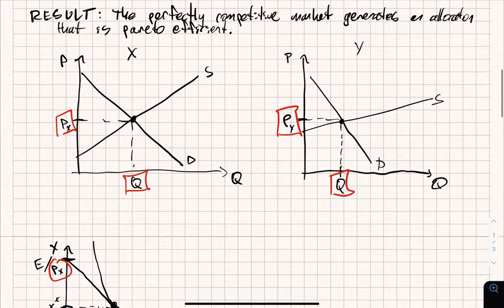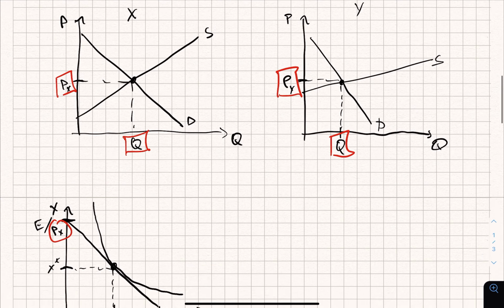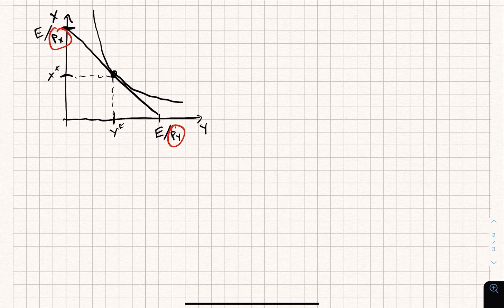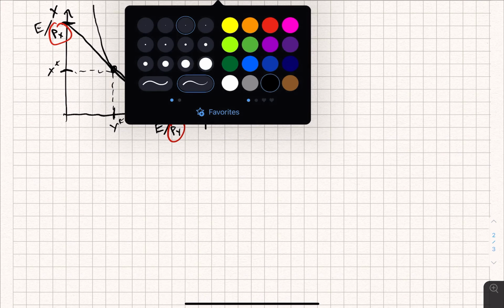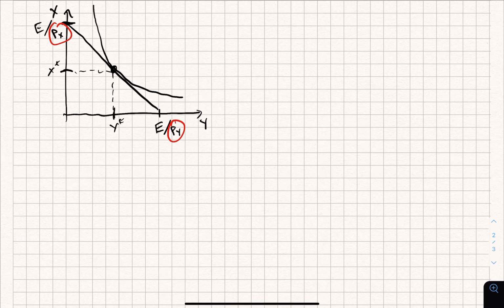And this sounds a little complicated, possibly. So the place we'll start is with a two-person general equilibrium model. So we'll call this general equilibrium.